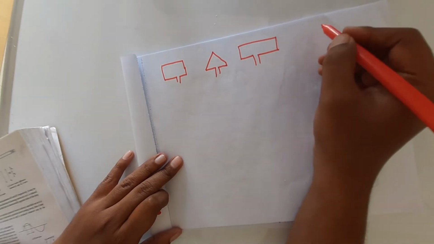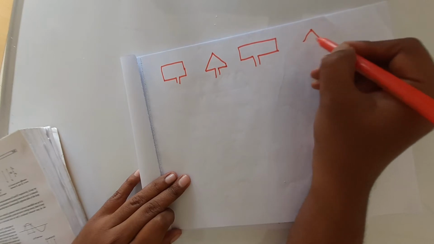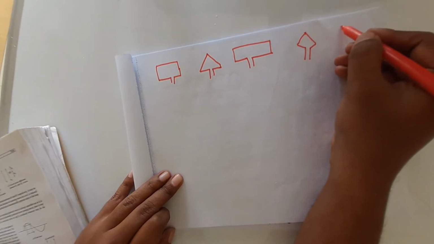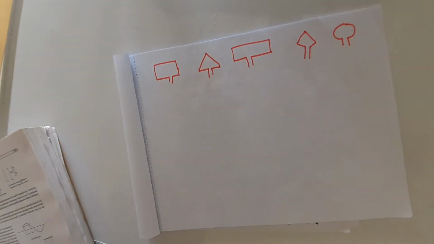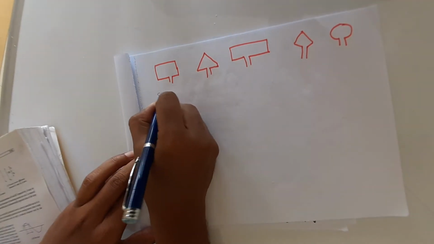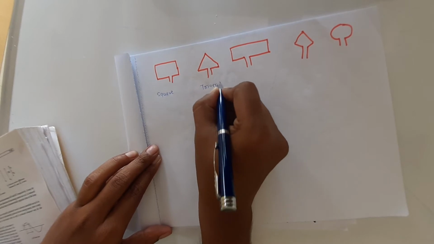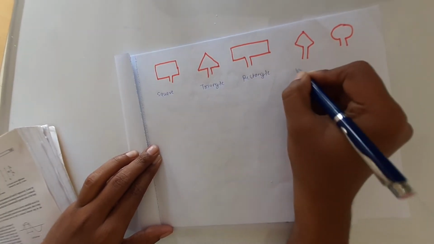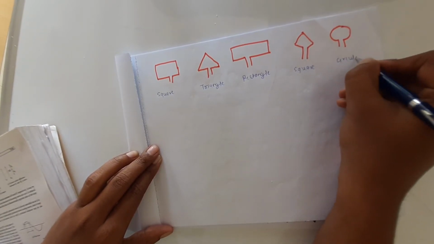This is a rectangular type. This is one more square type, and this is a circular type of loop antenna. So here we write down the types: square, triangle, rectangle, again square, and circle type.